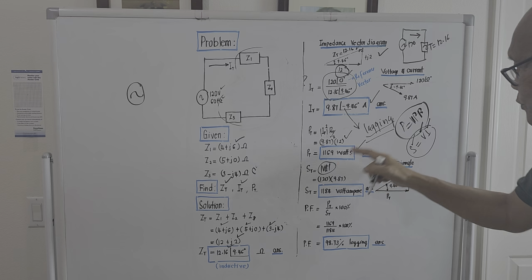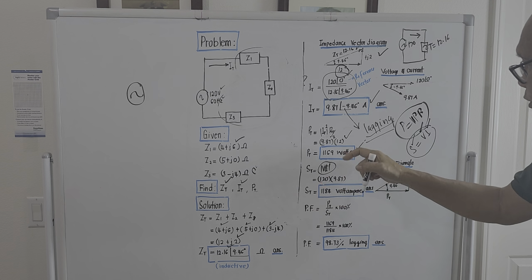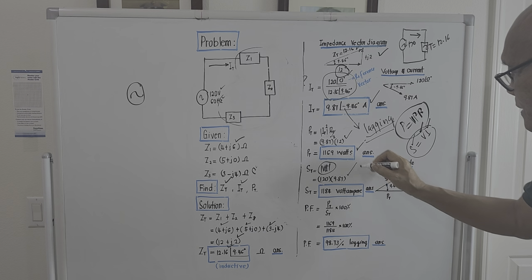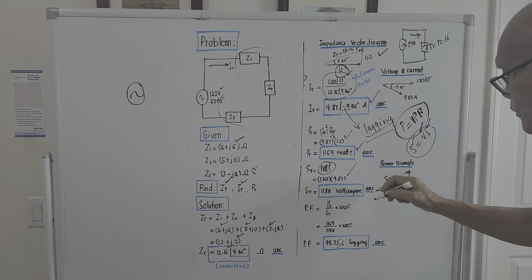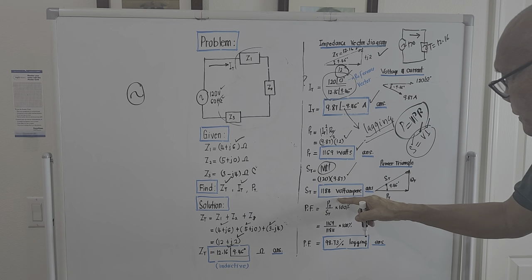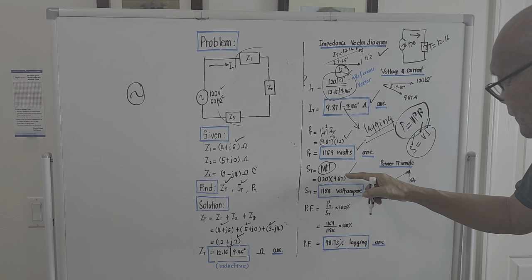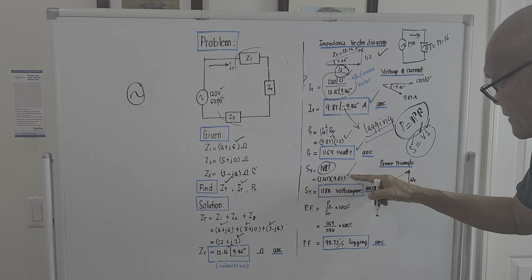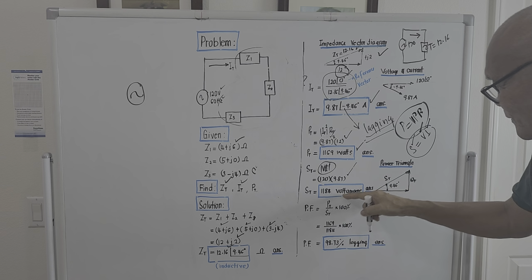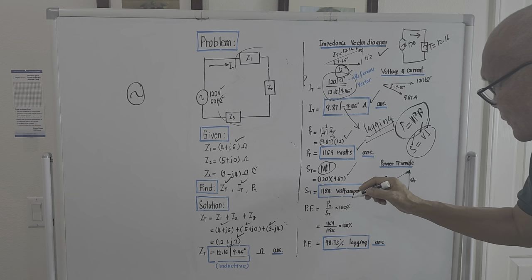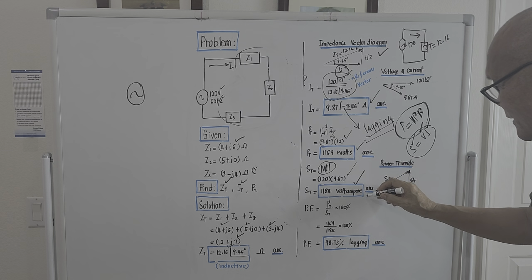So the absolute value of 120 will be 120, and the absolute value of 9.87 is 9.87. And if we try to take the product, it's 1184. The unit of 120 is volt, and the unit of 9.87 is ampere. So the unit is actually volt ampere. So the total apparent power will be 1184 volt ampere.